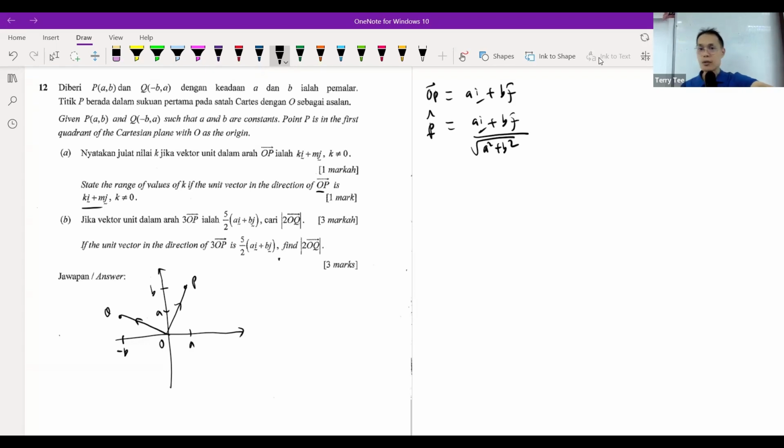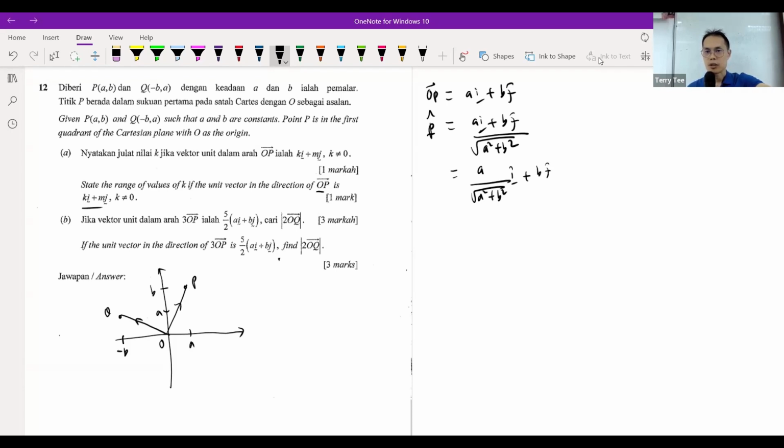So this is 1, a square plus b square. The whole thing is 1.